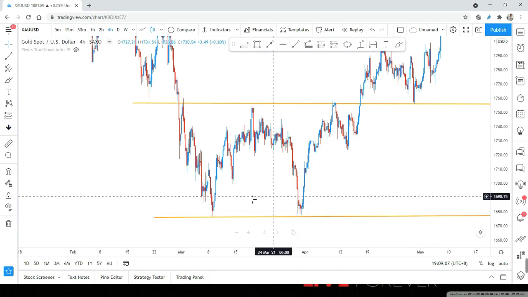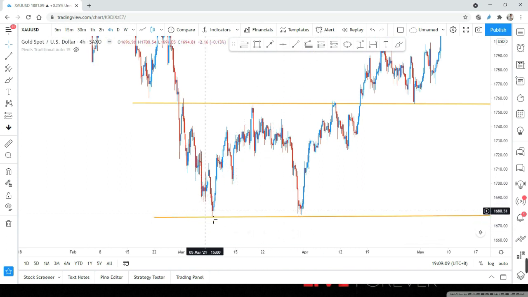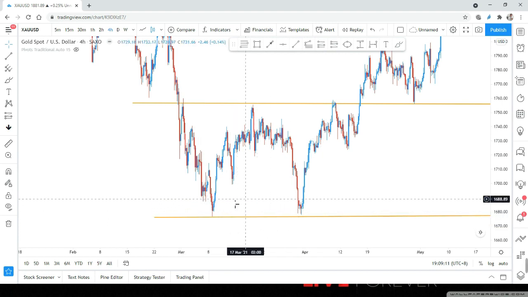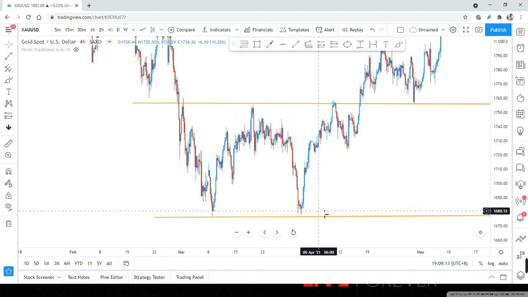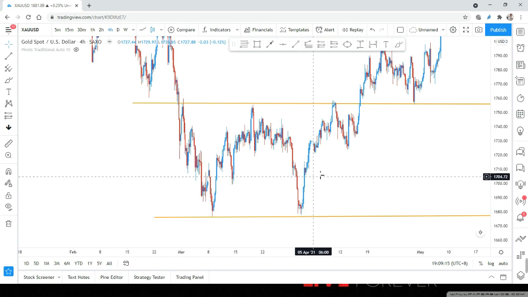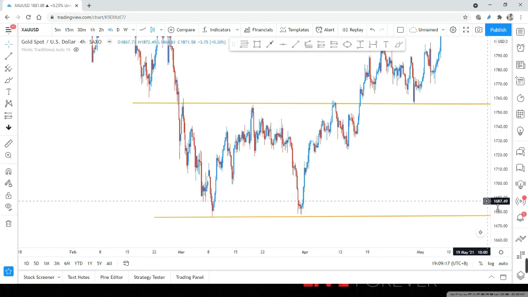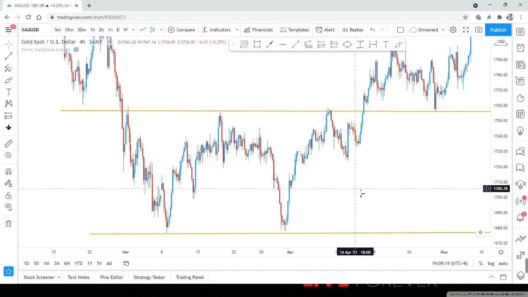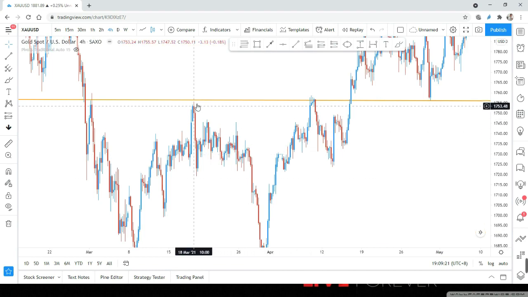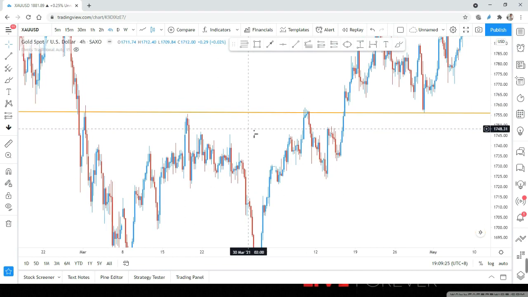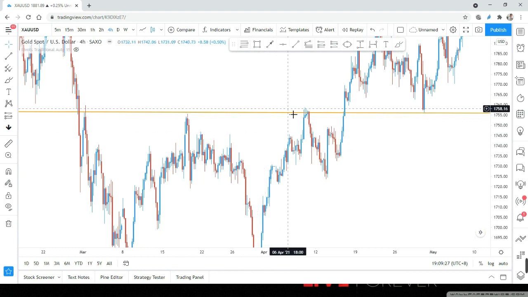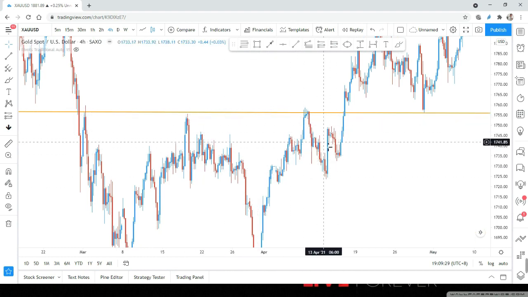Of course, there is a pattern over here. All right, most of us do know this is what we call the double bottom pattern, right? It does not matter. What happens is that when the price came to this area, I believe in one of my videos I told you guys before, the price has to break this high for me in order to continue going, doing a buy trade, right?